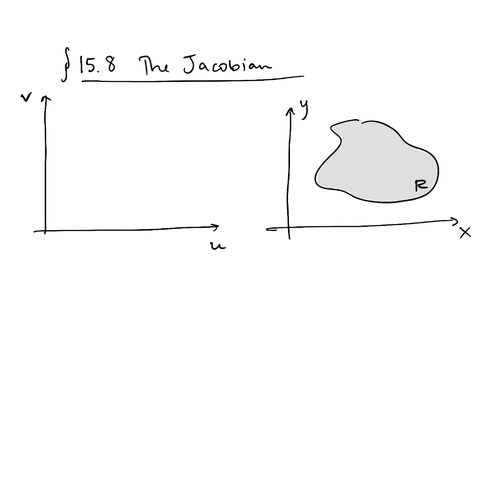So we're using U and V. There's some other region there, and that's not R, but it's how R looks if you saw R through the variables U and V. So we're shading it in.